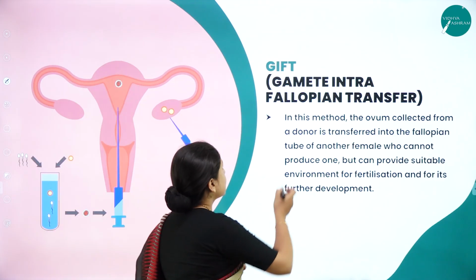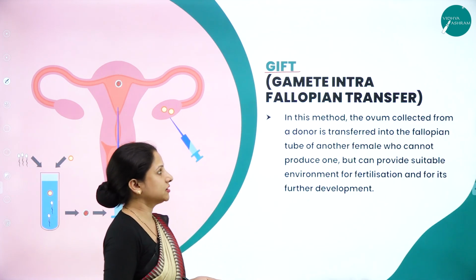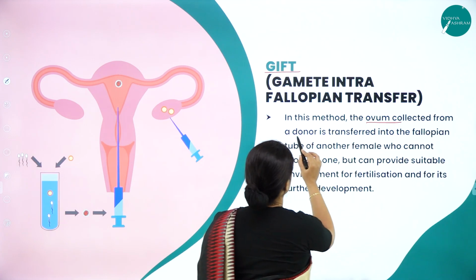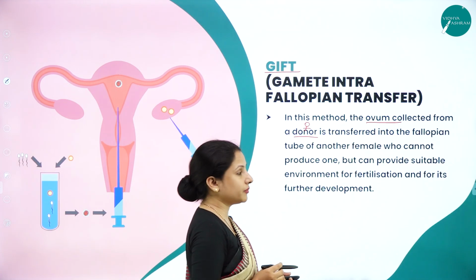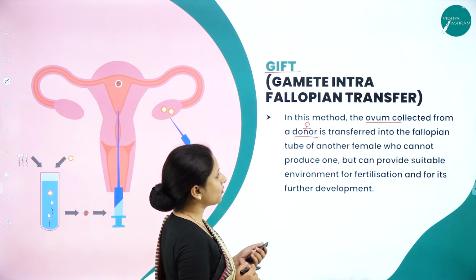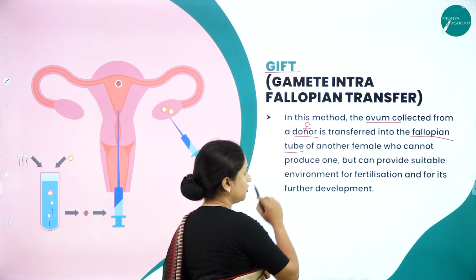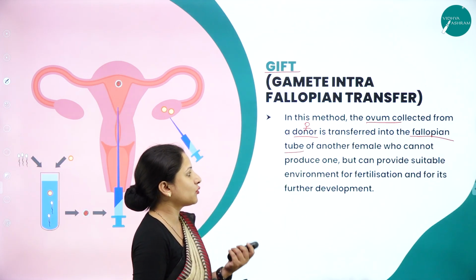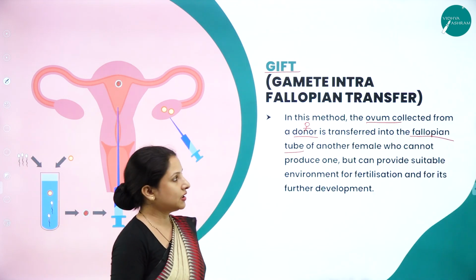Next is GIFT, that is gamete intrafallopian transfer. In GIFT, the ovum is collected from a donor. The donor will be a female, because it is the ovum that can be collected from a female. That ovum is transferred into the fallopian tube of another female who cannot produce one but can provide a suitable environment for fertilization and further development.